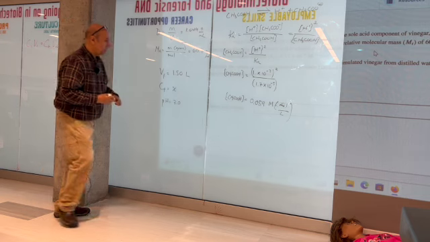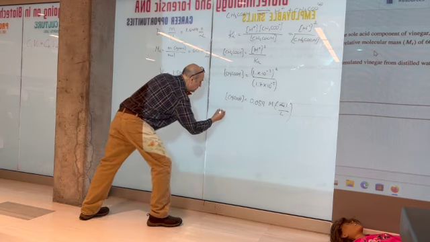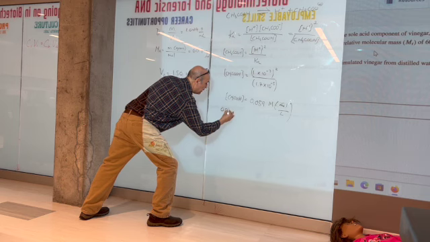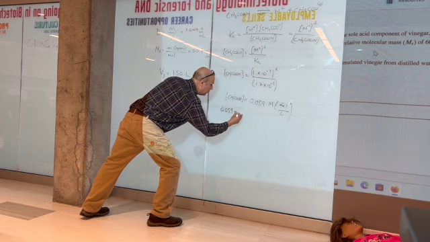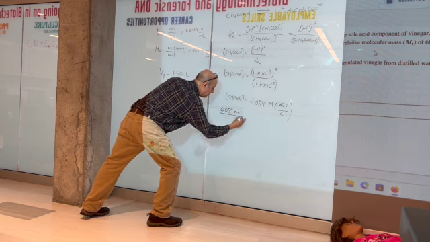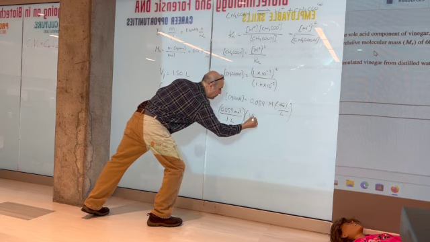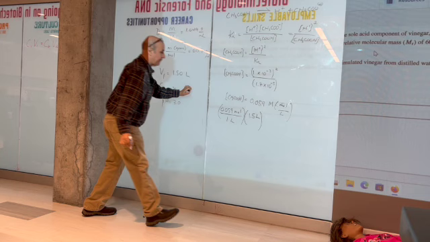I'm running out of space, but let me see if I can put it here. So 0.059 mole per 1 liter times 1.5 liters.